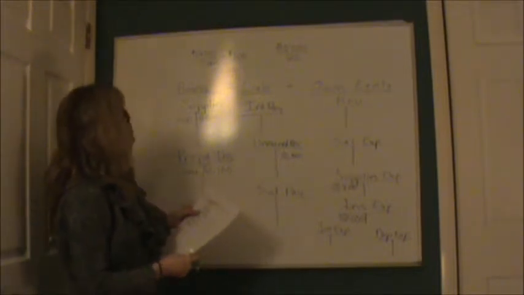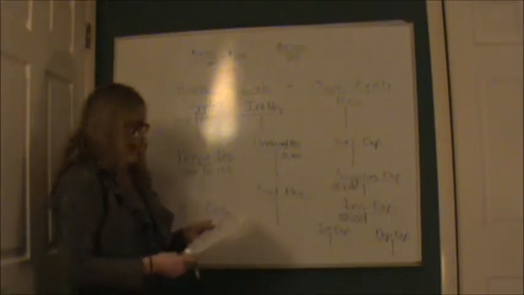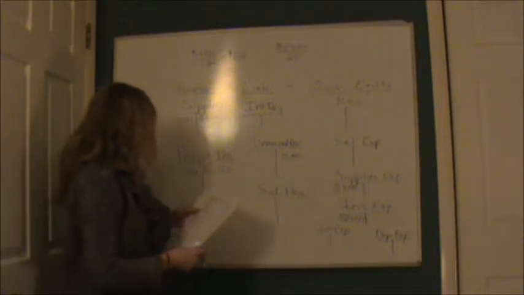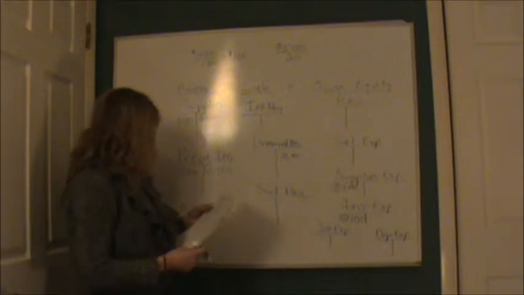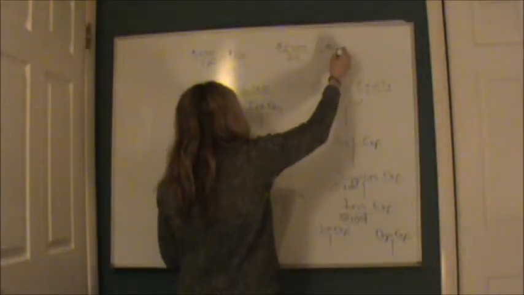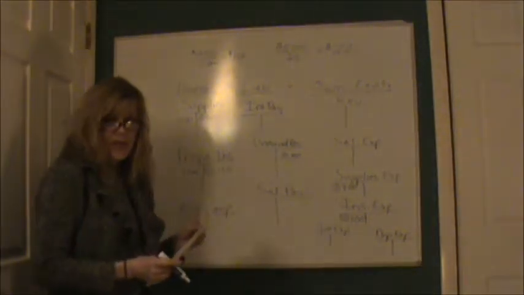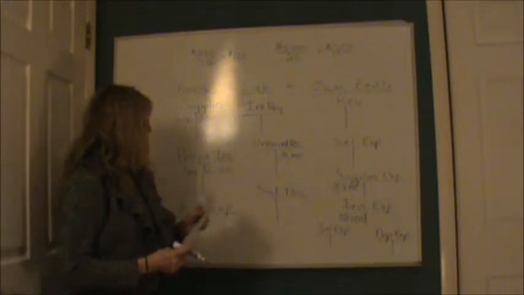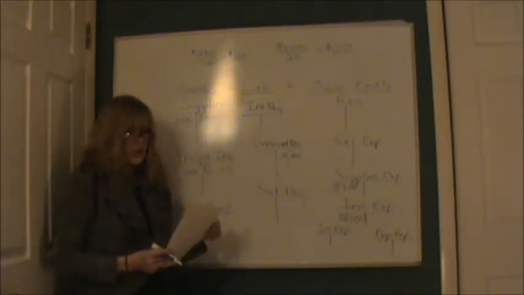But what we would do is we're going to take the $5,000 for our equipment, and we're going to divide it by the 20 months. That's its useful life, and that comes out to be $250 a month. So each month we are going to expense out $250.